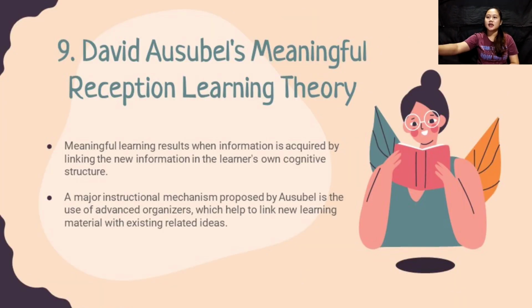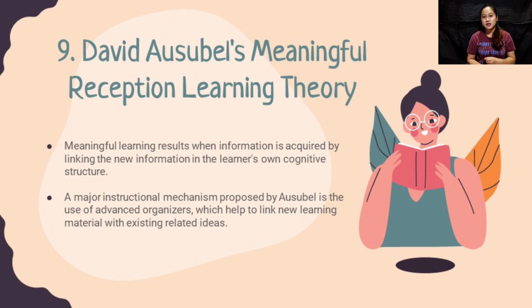So number 9 is David Ausubel's meaningful reception learning theory. Learners learn best when the new material being taught can be anchored into existing cognitive information in the learners.